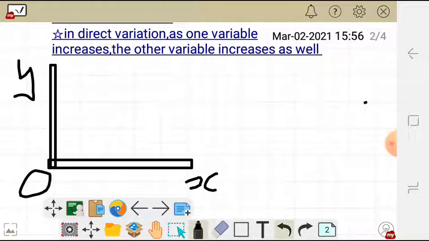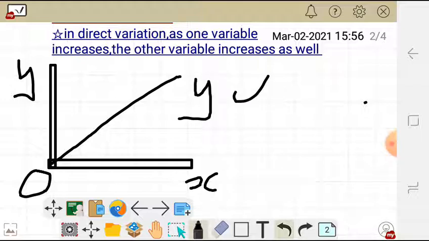When one variable increases, for example if x increases, y increases too, so the graph will be a straight line. And it will be y varies directly as x.